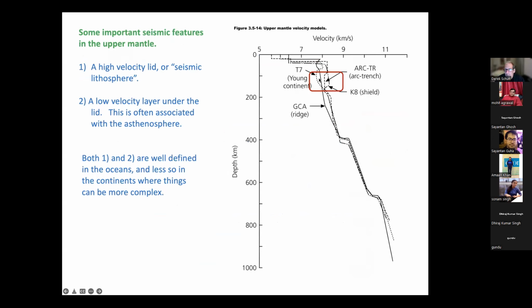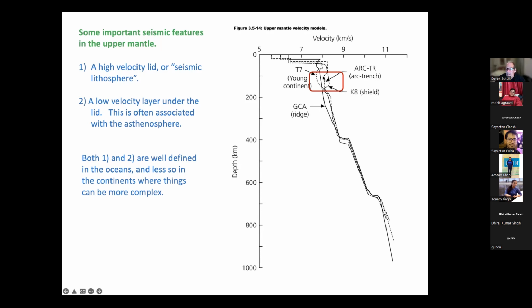For instance, this small dashed line here, T7, is for young continents. GCA is at a mid-ocean ridge. K8 is at a shield, and so on. The idea is to summarize the variations in velocities in the upper mantle.